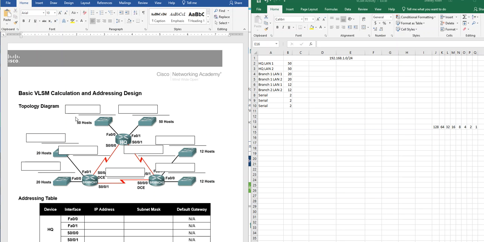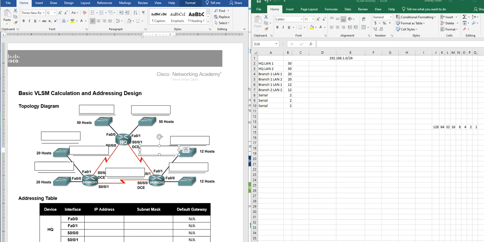But in this scenario, where you have 50 hosts on some, 20 hosts on some, 12, and then you have these serial links, it would not be very effective to use the same mask throughout your network, because that would create a lot of waste. And with IPv4 address depletion, you want to reserve as many addresses as possible.